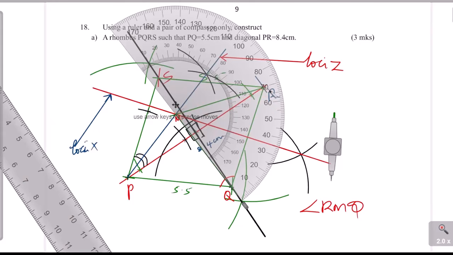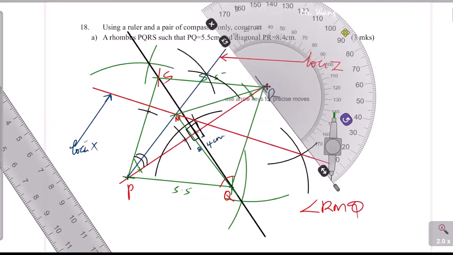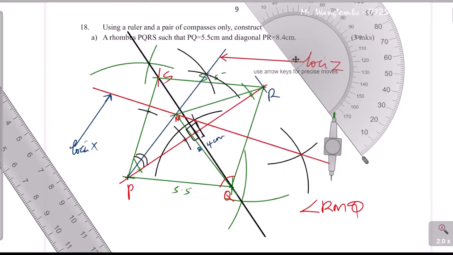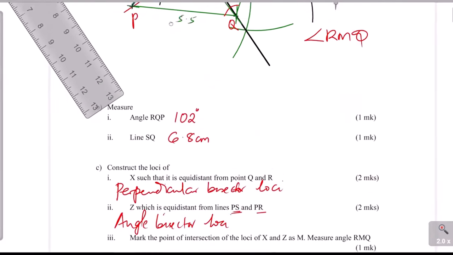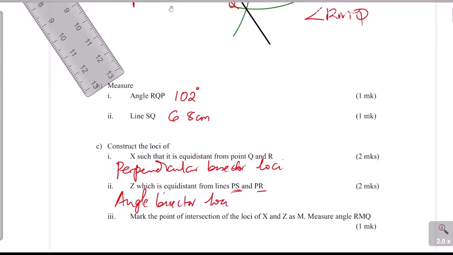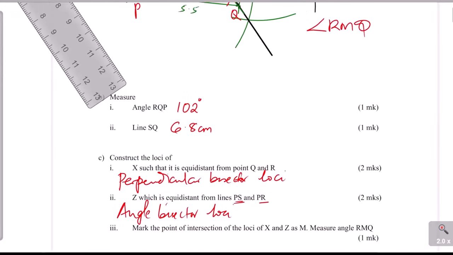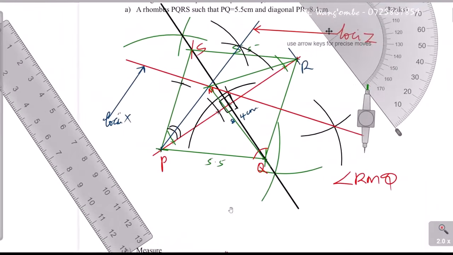So you can see this is the angle RMQ. So from 10 all the way to 70. So that angle is approximately 70. So RMQ is 70 degrees. So that is how you're supposed to solve that question.